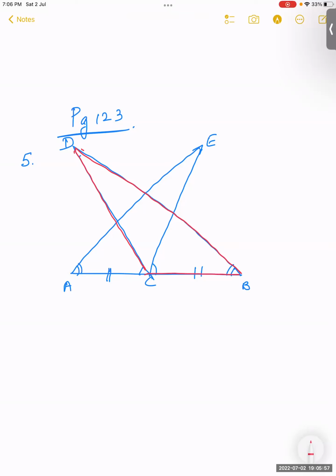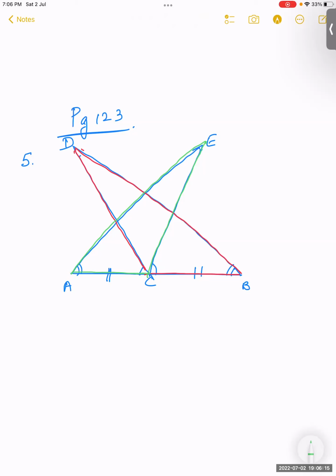So this is congruent to EAC. EAC is this triangle. So we have to prove they are equal. So how can you do that?